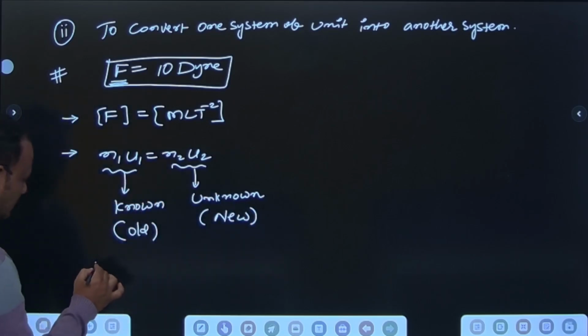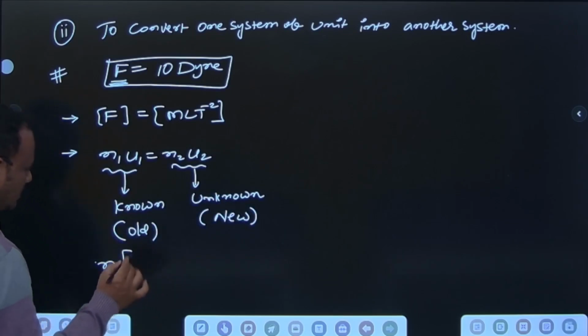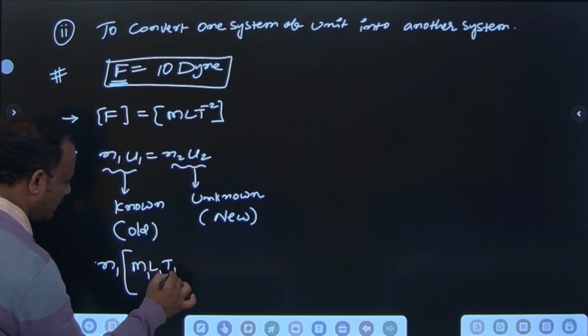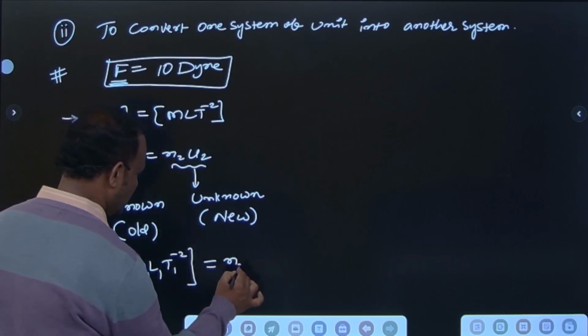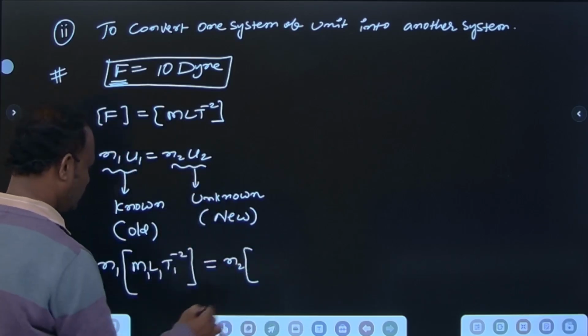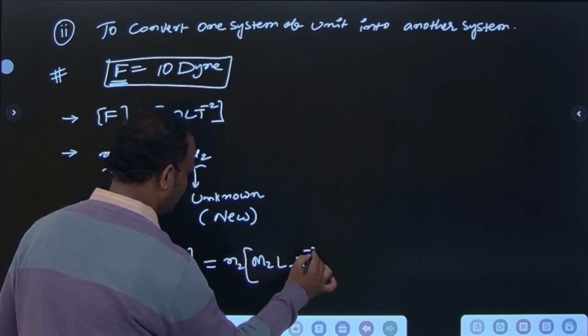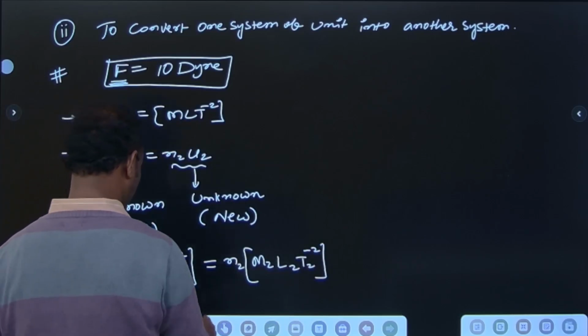First n1 you write as it is, and u1 is the dimensional formula of force: M1L1T1^-2, is equal to n2 times u2, which is M2L2T2^-2. I want to find n2.